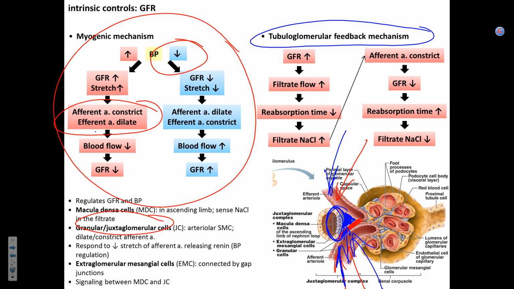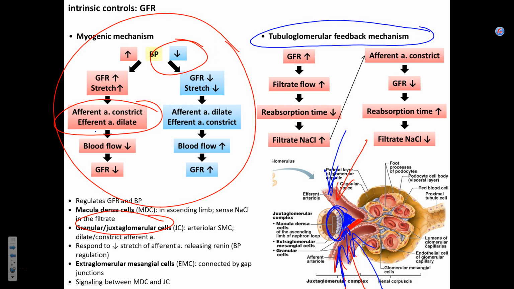Now, look, this is super cool. Let's talk about high blood pressure. Blood pressure goes up. How does it change blood flow through the glomerulus? Increases. I'm going to ask really simple questions, believe me. So blood flow through the glomerulus goes up. How does it change the amount of filtrate that is formed? Goes up.